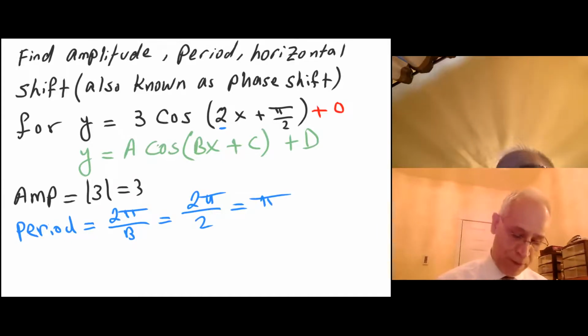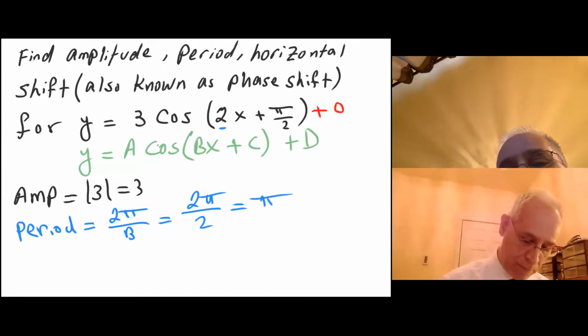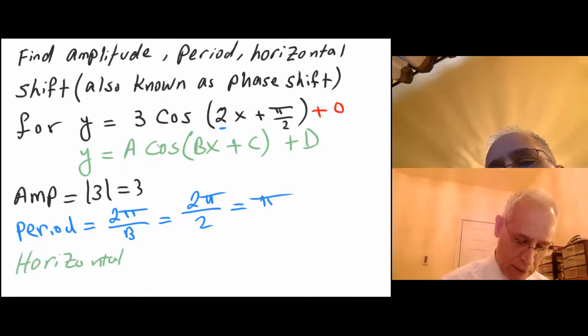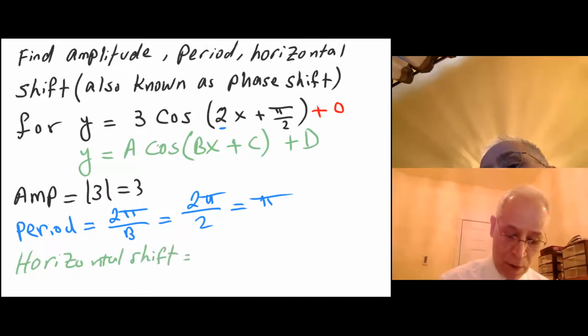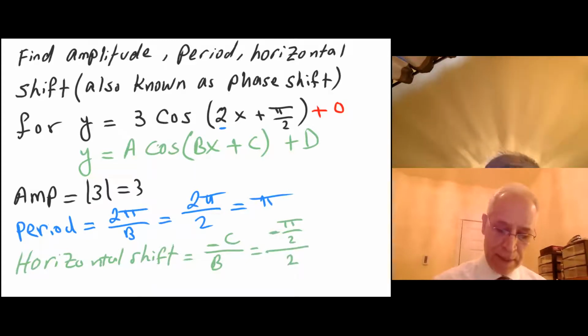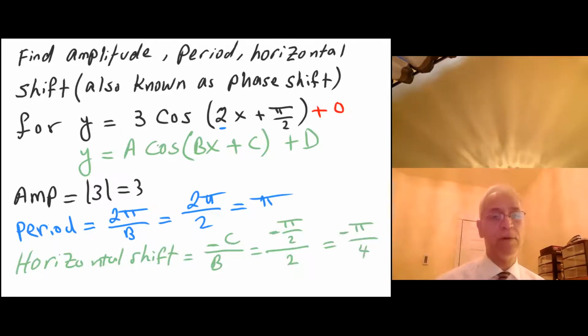And the horizontal shift is the opposite of c over b. That's minus pi over 2 divided by 2, which gives me minus pi over 4.